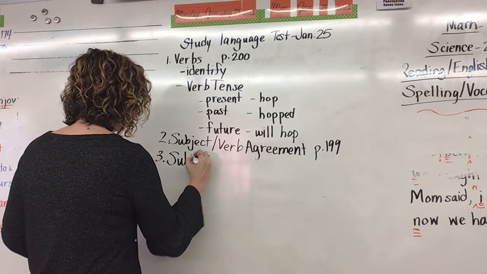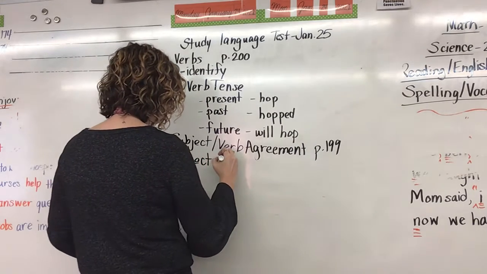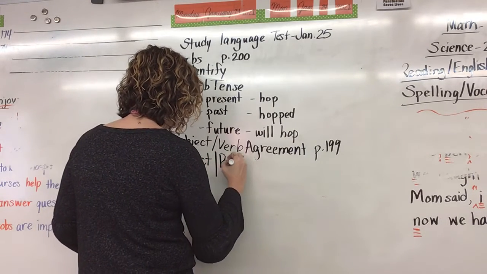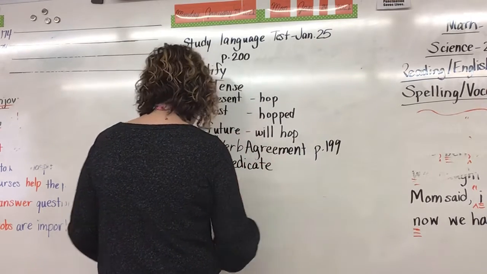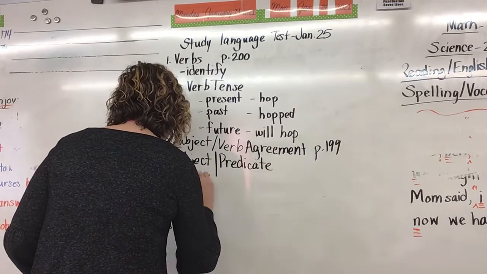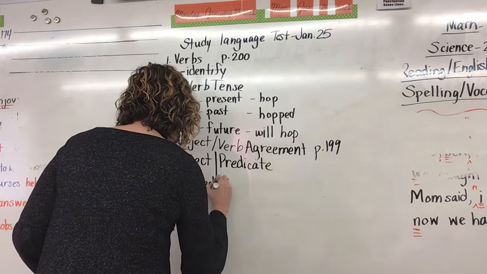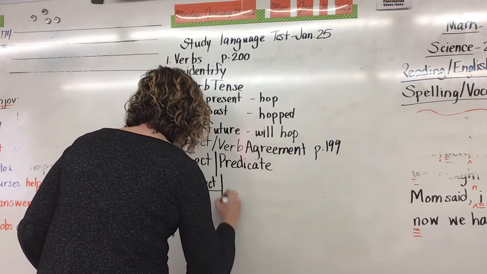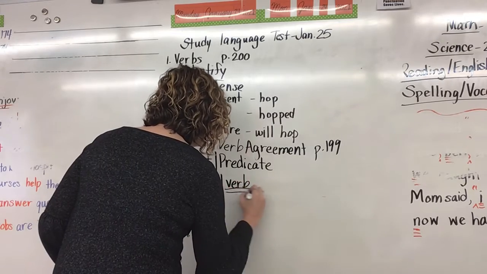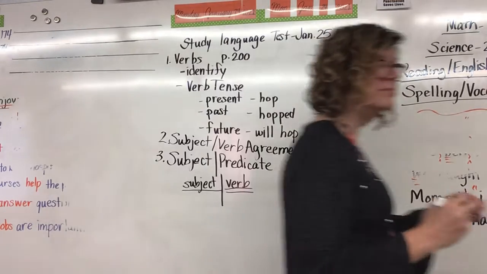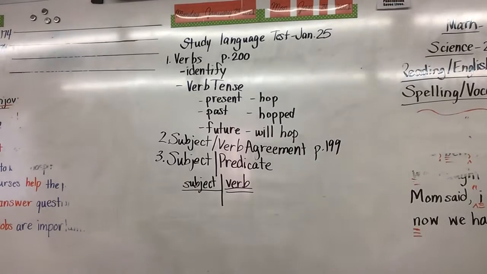And then we have the subject predicate. And I'm going to draw the line to separate it. But underneath, I'm going to write subject and underline it once. And I'm going to write verb and underline it twice. So that's the subject and predicate part of the sentence.